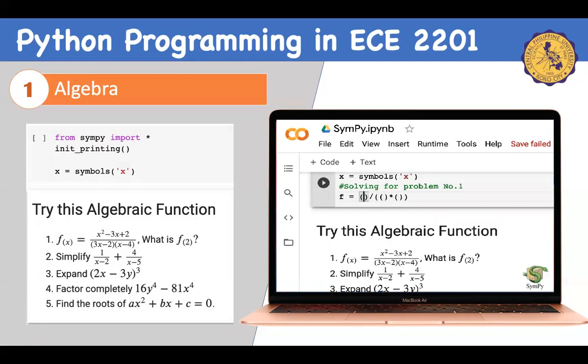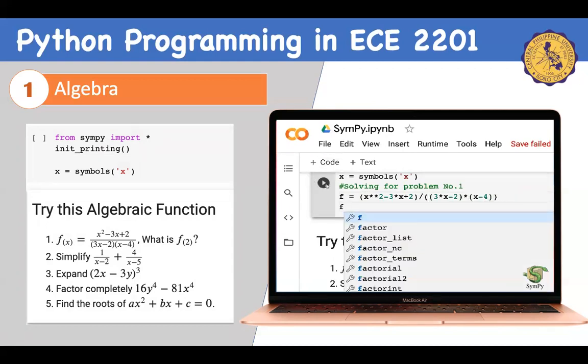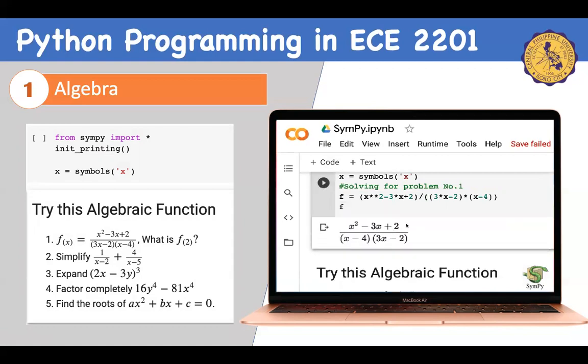In your numerator, we have x squared minus 3x plus 2. Now for the denominator, we have 3x minus 2 times x minus 4. Now, if you want to display this equation, just run this. The equation will be displayed by typing f and then running the code.